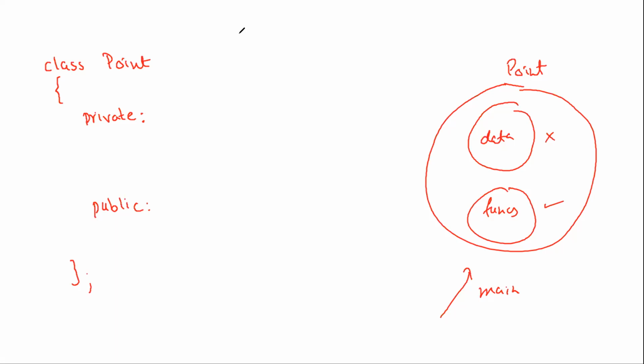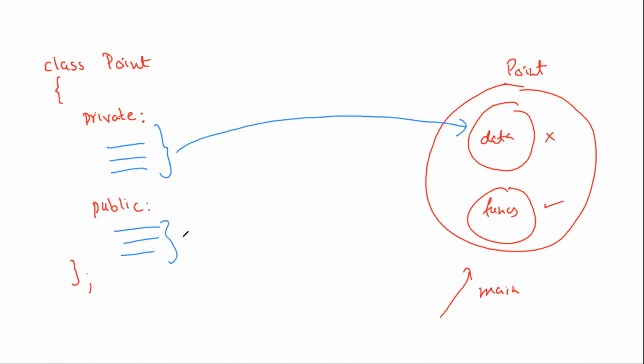Anything I write under private, and normally I write data here, corresponds to the part on which access is not allowed. And whatever I write under public corresponds to the part where access is allowed.